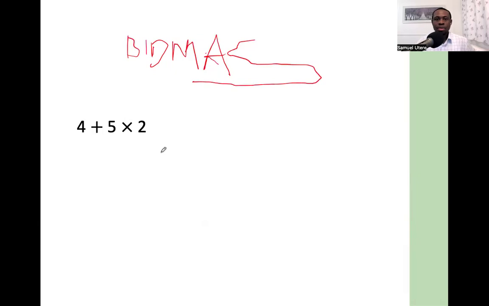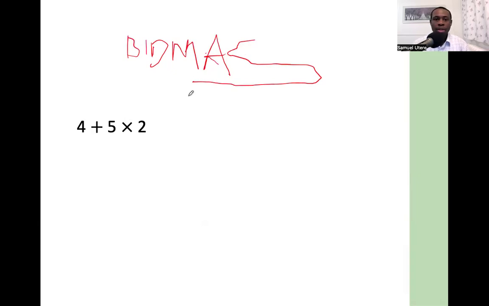Okay, so we did something called BIDMAS. B stands for brackets. So it means if we have operations, we have to do brackets first. Then we have to do index or power first. And then if we have operations where things are mixed up, we'll have to do division, then multiplication, then addition, then subtraction.